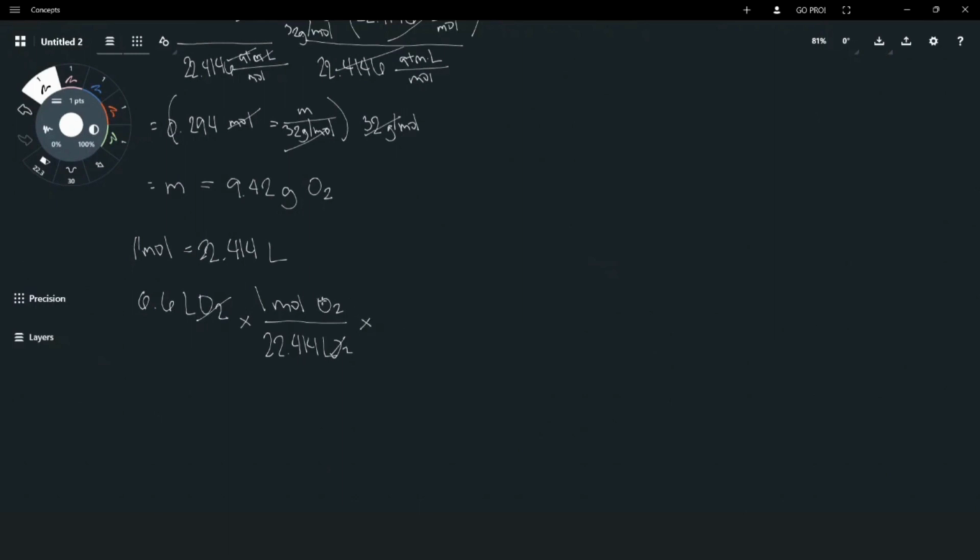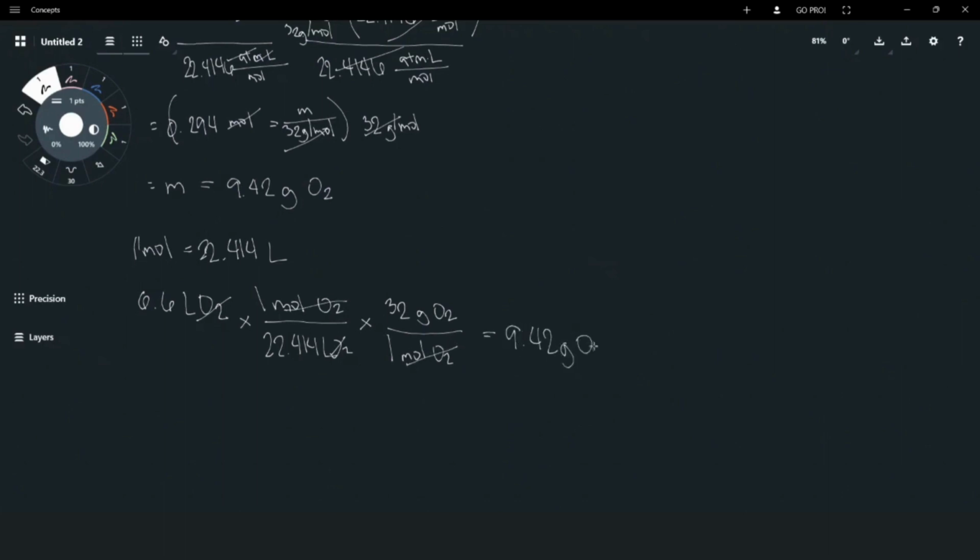Now we convert moles to grams through the molar mass, which is 1 mole of oxygen gas has 32 grams of oxygen gas, which gives us the answer 9.42 grams of oxygen.